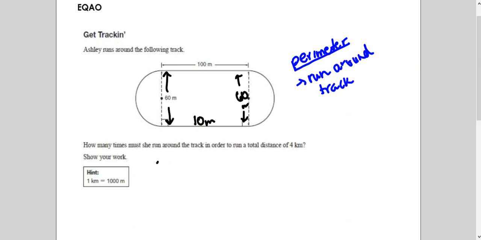So the question now is, what's the perimeter of the track? Well, what do we have? We actually have 2 sides of 100, and I got 2 half circles. Well, my logic says that's got to be 1 whole circle, that we're going to find the circumference of.